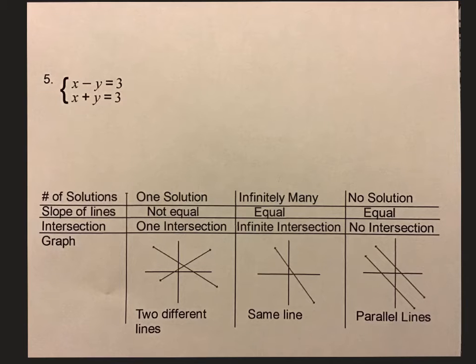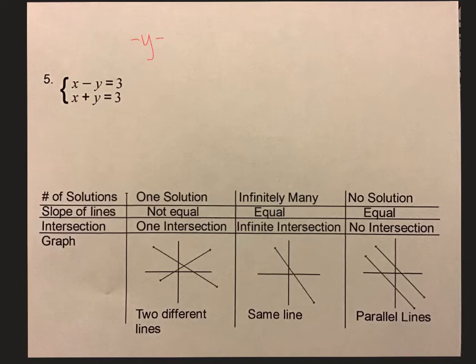Okay, so same thing in number 5. We're just solving by graphing. In this case, if you don't have your equations already written so that they are set equal to y, you just want to get them set equal to y. So you just want to solve for y. So for x minus y equals 3, I'm going to subtract my x to the other side.